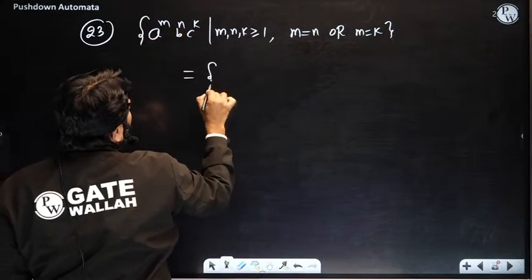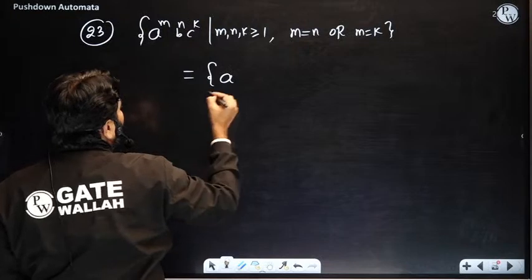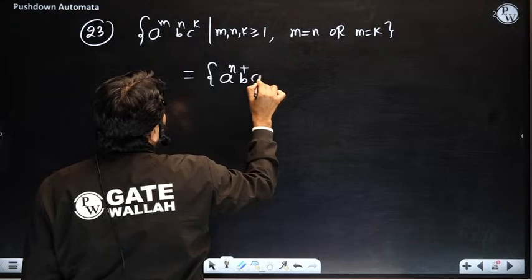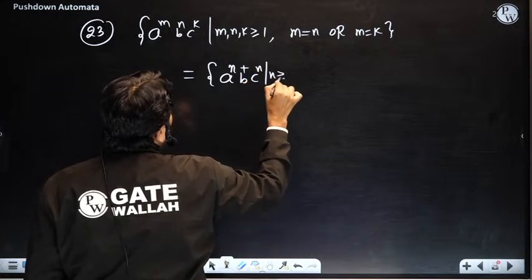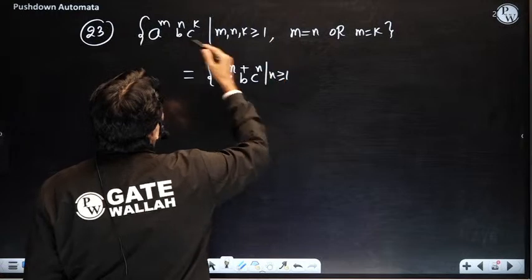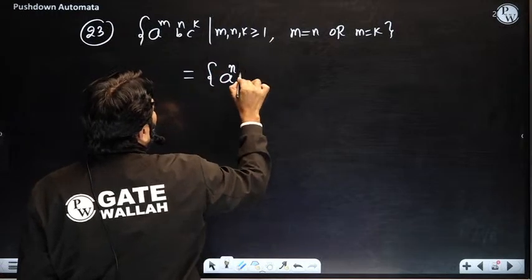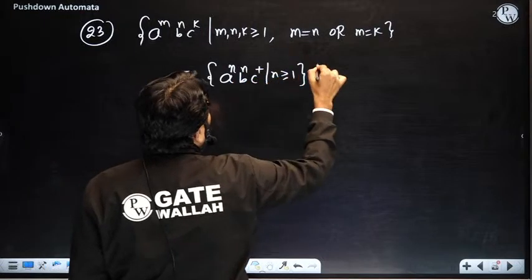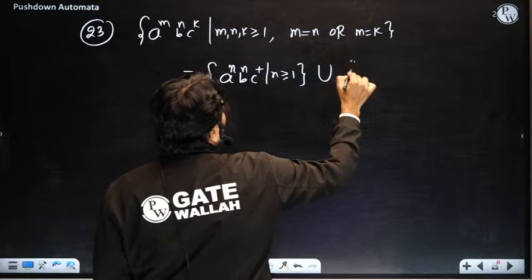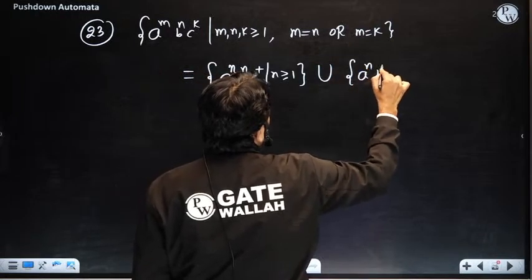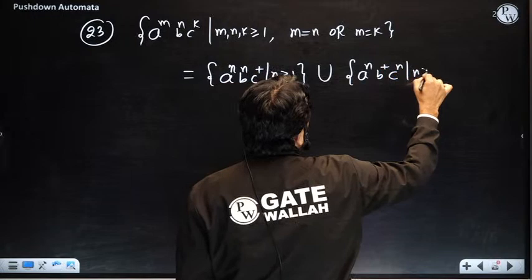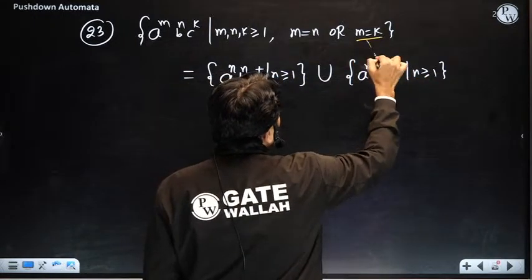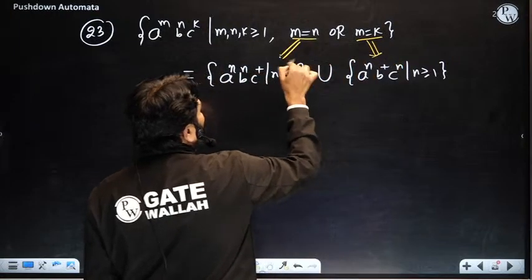First, m equal to n: A^n B^n C^+, where n is greater than or equal to 1. The union is for m equal to k: A^n B^+ C^n, where n is greater than or equal to 1. M equal to k is covered by this one, and m equal to n is covered by this one.